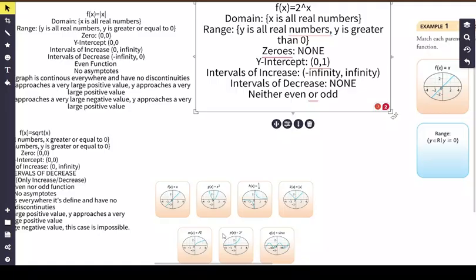So 1 over 2 to the 100 billion. That is very much close to 0. In fact, you could even say that is exactly 0 if you want to estimate it. So we'll see that as x approaches a very negative number, y will approach 0, but it will never reach 0. So that introduces our horizontal asymptote at y equals 0.